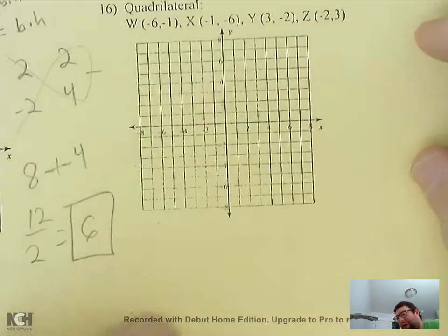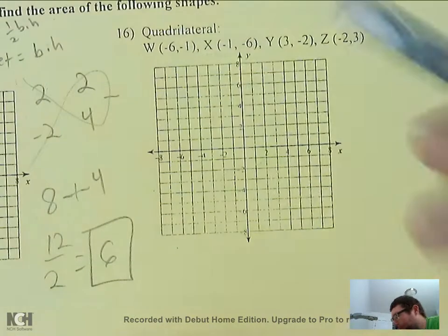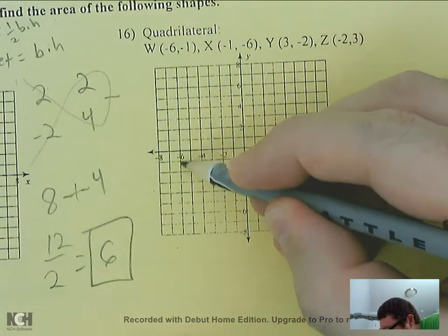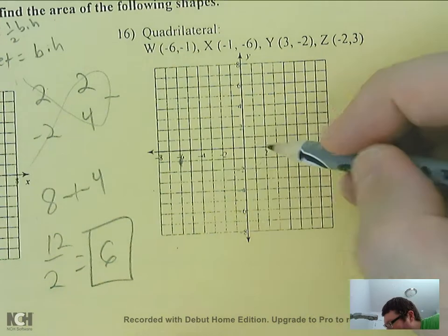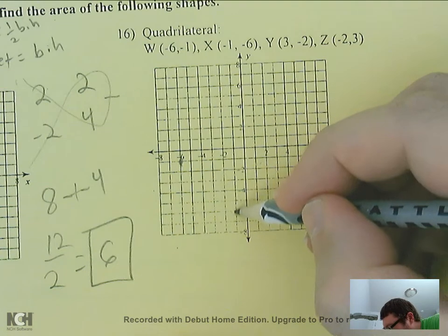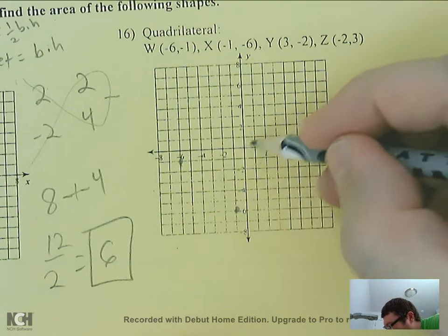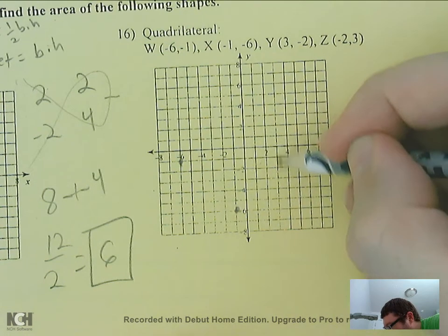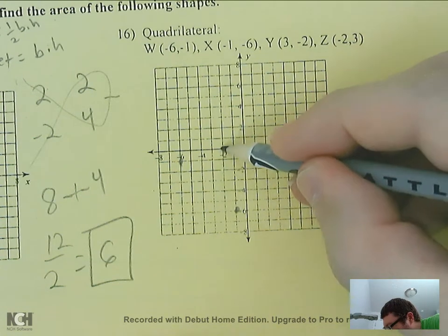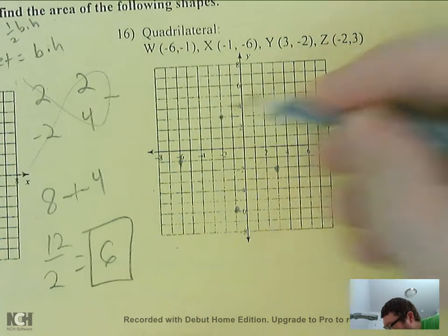So this one's a quadrilateral. So again, I'm going to plot the points. So -6, -1, and then -1, -6, and then 3, -2, and then -2 and 3.